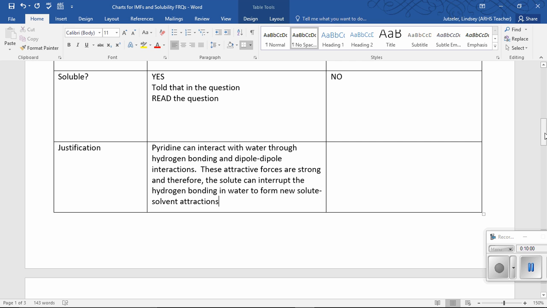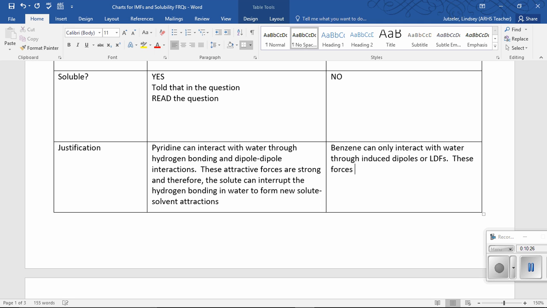Okay, so why can benzene not dissolve in water? Benzene can only interact with water through induced dipoles or LDFs.